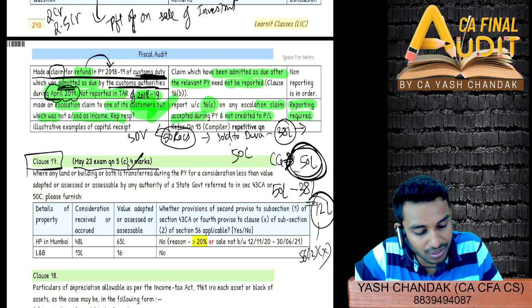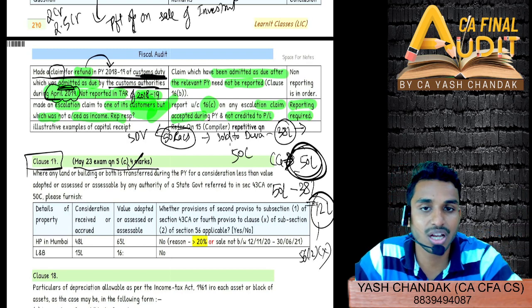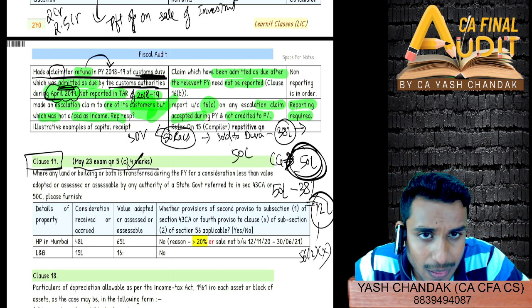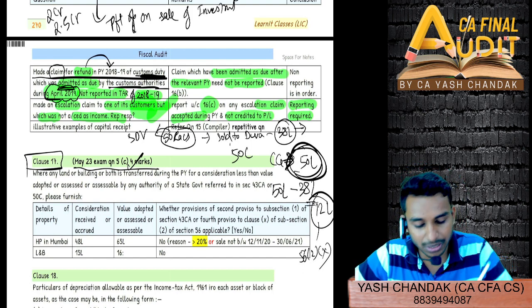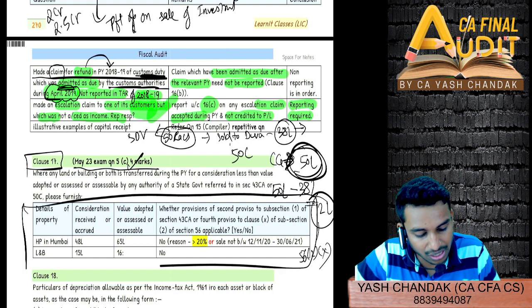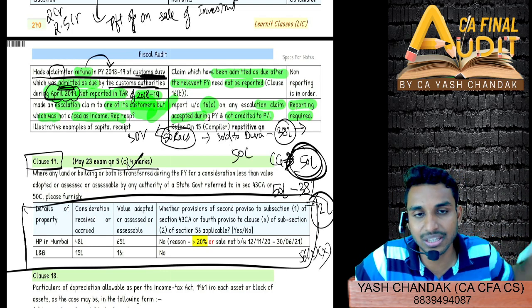Section 50C deals with full value of consideration in case of lesser consideration. Sir, in 43CA and 50C, 5% is allowed, isn't it? Yeah, 10% is allowed as a bandwidth, but here we will not see. I'll separately discuss that bandwidth in clause 26 and 28 because it is relevant there.